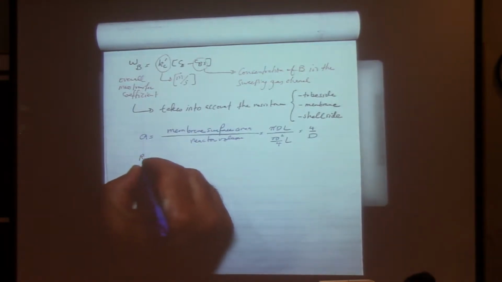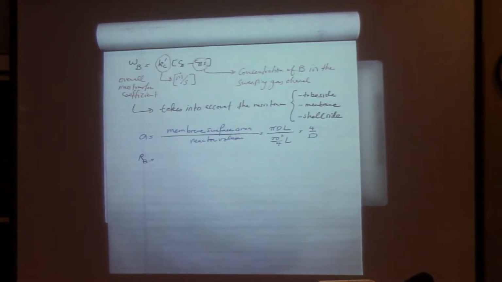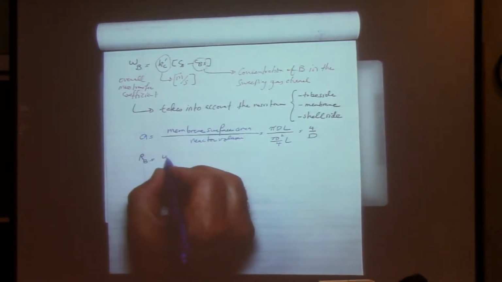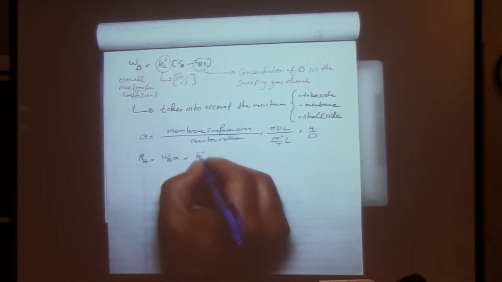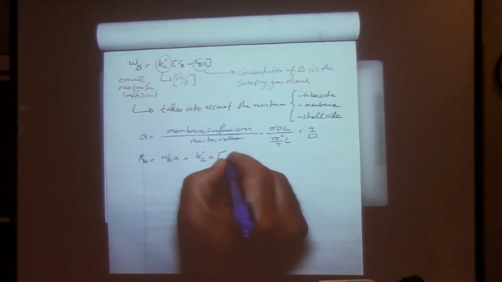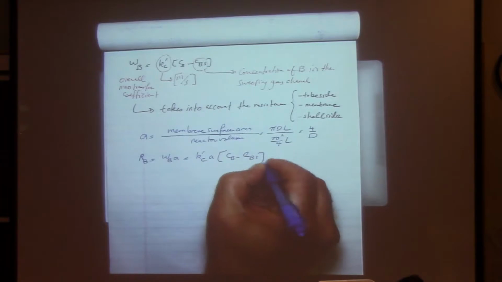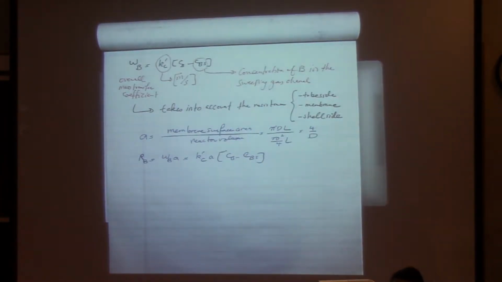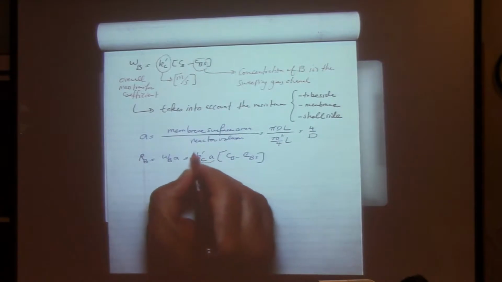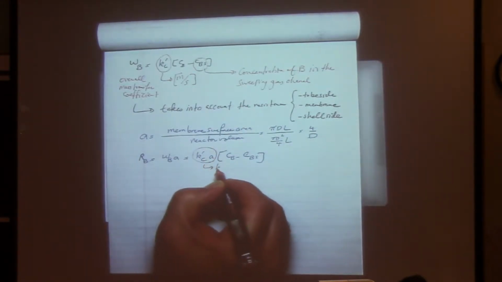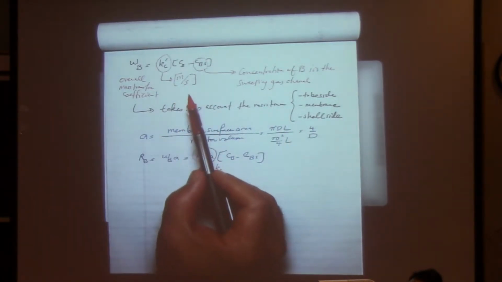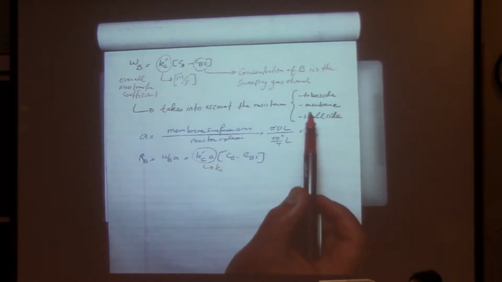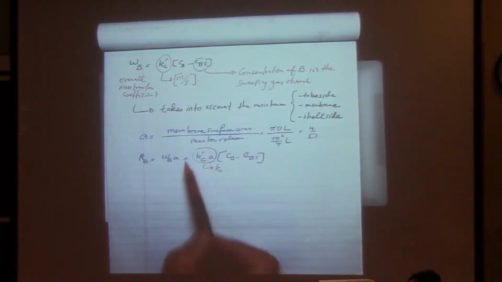Therefore, your RB, the component that stands beside a smaller r, is WB times a, and this is K prime times a times CB minus CBS. If you consider this one to be like Kc, it would be meter per second times 1 over meter, so basically it would be 1 over second.